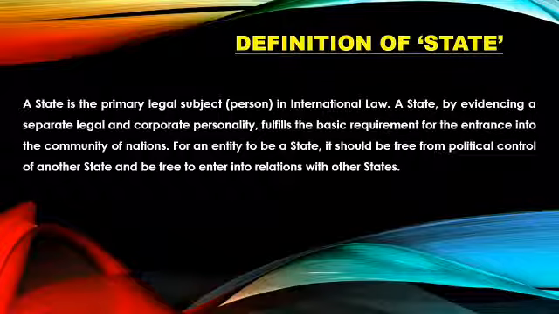Now let's move on to the next slide and see what a state is and what the definition or the requirements of the state are. Basically, if we talk about the requirements of statehood, or the definition of the state, there is no exact definition of the term state in international law. That is not defined anywhere.